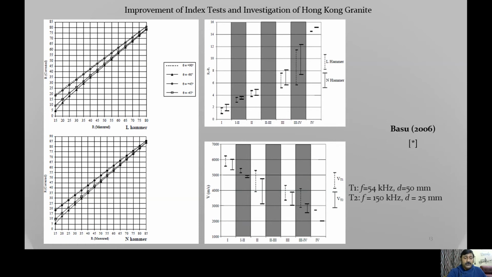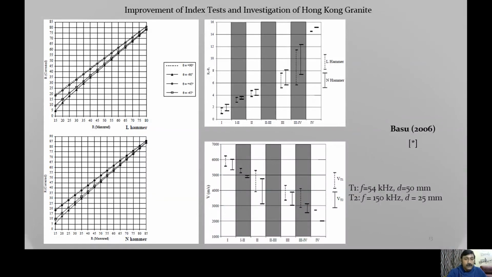Now, the issue is, in the field situation, the direction of application of the rebound hammer could be anything. So what do we do about it? Therefore, we came up with a theoretical formulation through which the rebound value can be normalized in the horizontal direction.